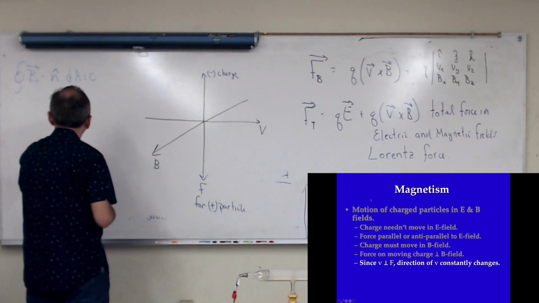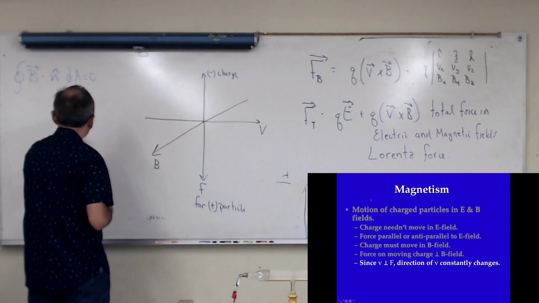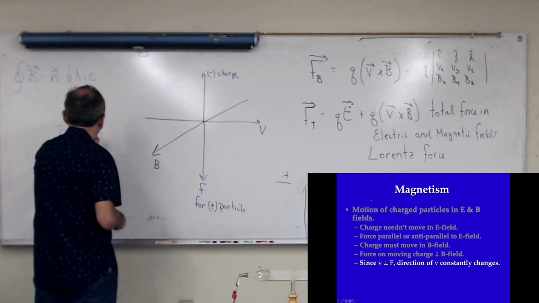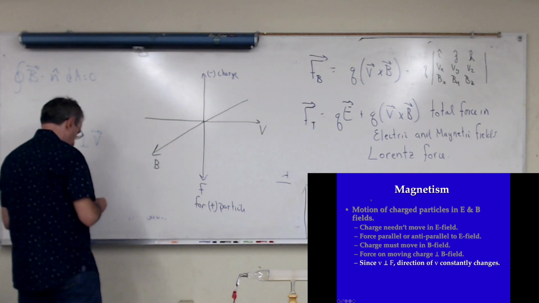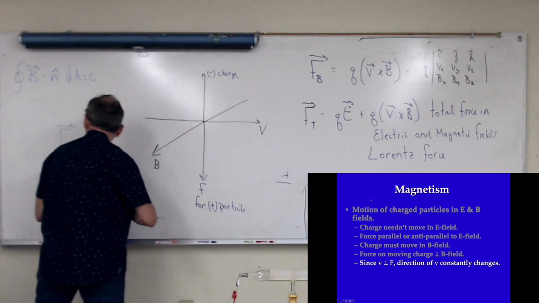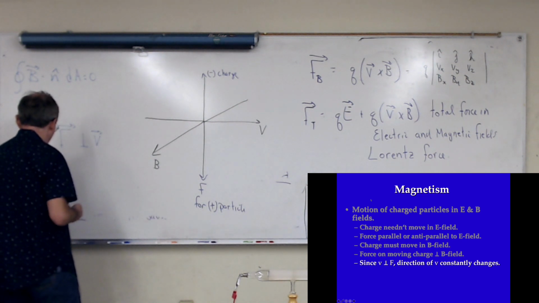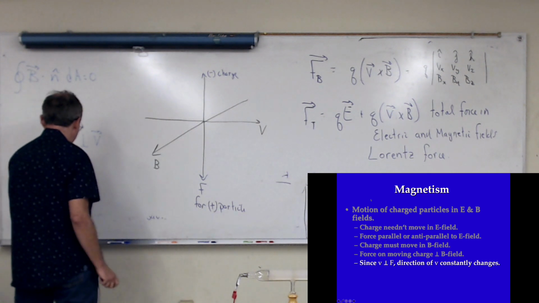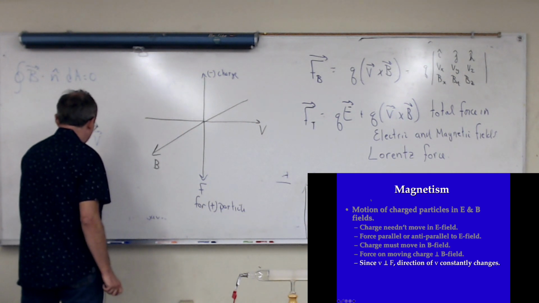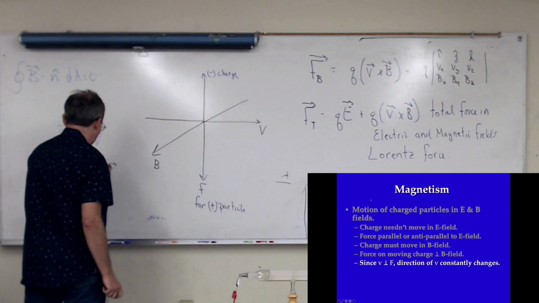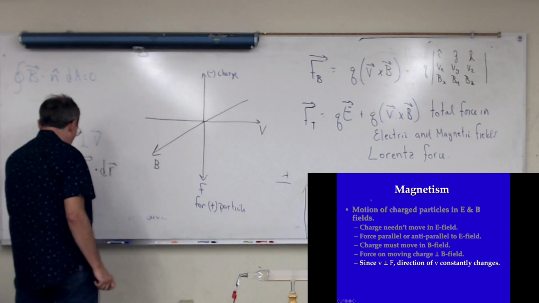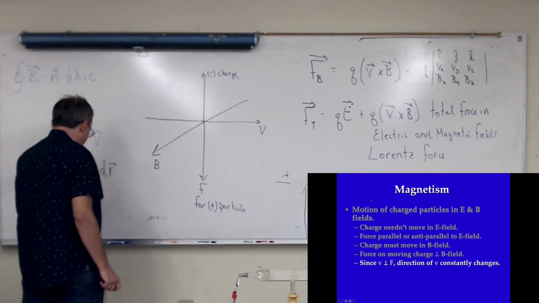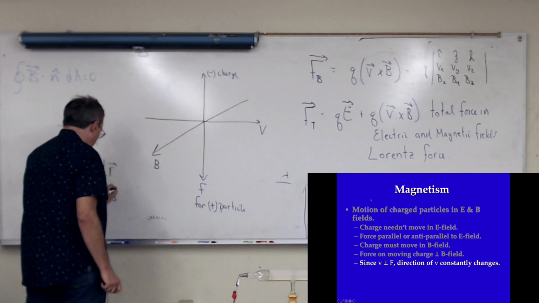If F is perpendicular to v, remember work: dW is F dot dr. And we can write dr as v dt.